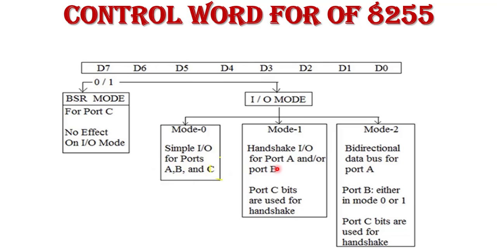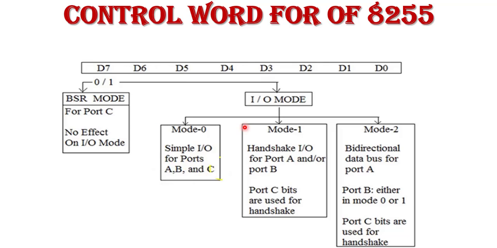In this mode, port A and port B work as input-output ports and port C is used for handshaking. Third is mode 2, the bidirectional data transmission mode. In this mode, port A works as a bidirectional data transfer port, port B is used either in mode 0 or mode 1, and port C bits are used for handshaking.